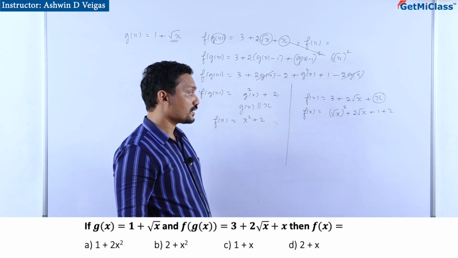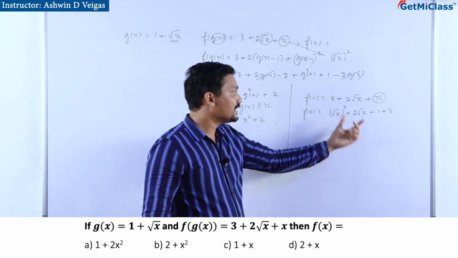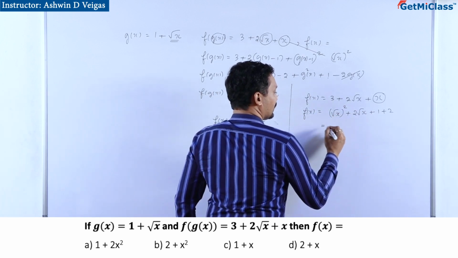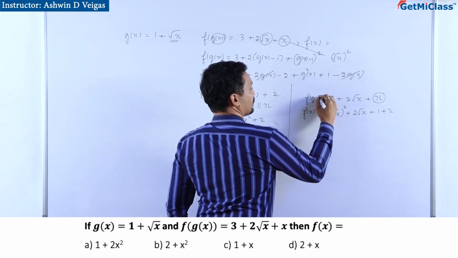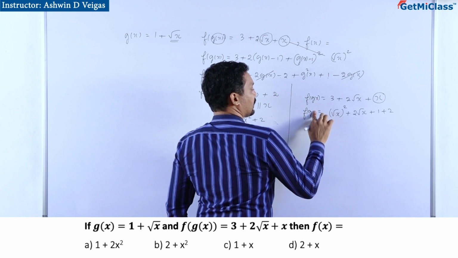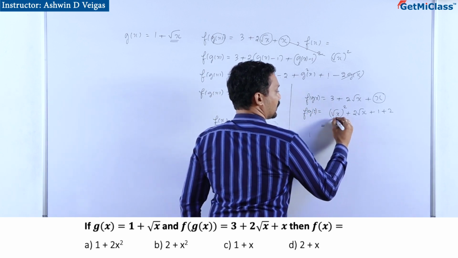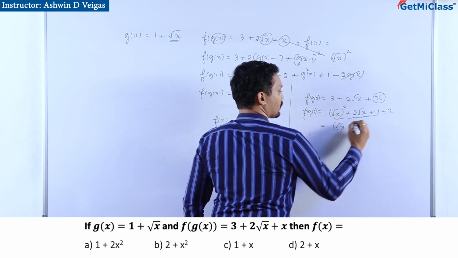If you are very sharp in observing this, we have an algebraic formula, this is root x square plus 2 root x plus 1. See that this is g of x. So, if you see that carefully, this part is nothing but root x plus 1 the whole square.